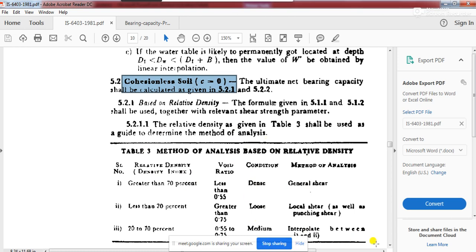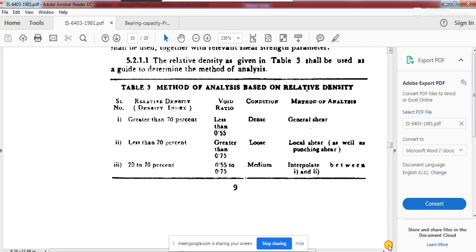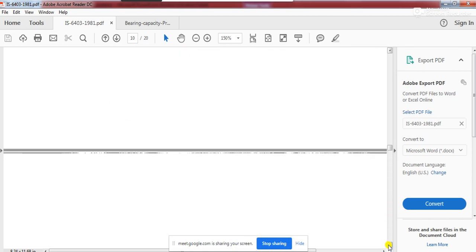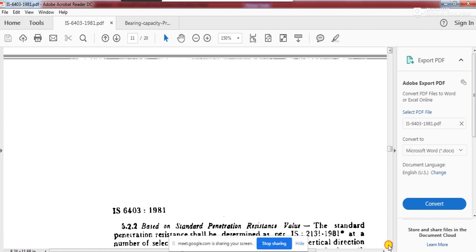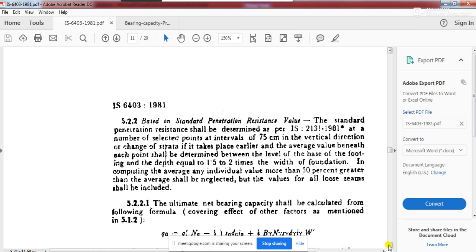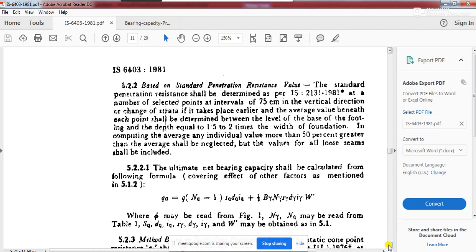The second part is the chart I showed you a few minutes back: standard penetration value versus angle of internal friction, and another axis for the type of soil, that is loose, dense, or very dense. That clause is also valid. This 5.2.2 will be valid only if the soil is cohesionless, that is, if the soil does not possess any cohesion.